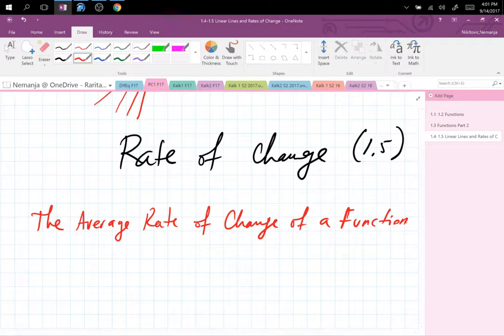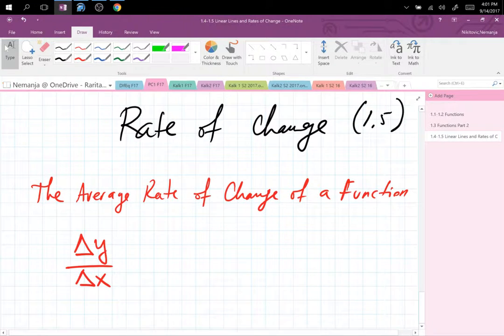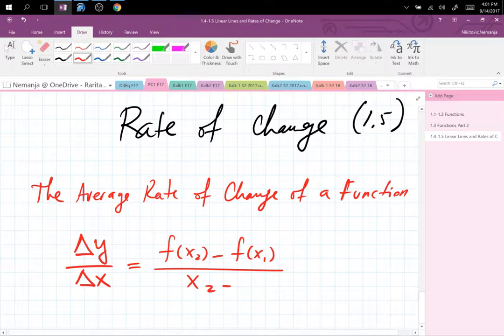So the average rate of change of a function is going to be given by change in y over change in x. This triangle is read as delta, which is a capital D in the Greek alphabet. We call it change. And this is going to be f of x2 minus f of x1 divided by x2 minus x1.